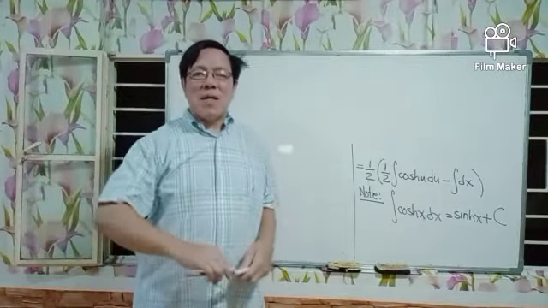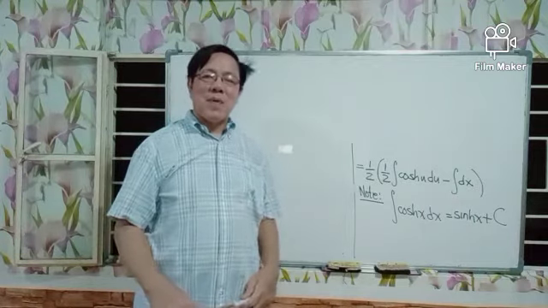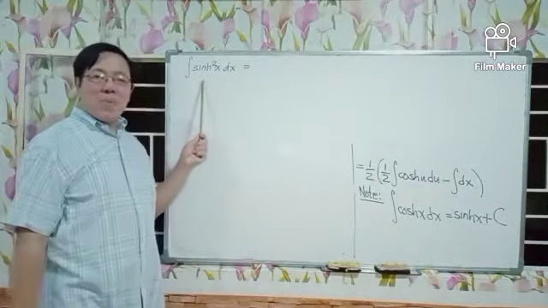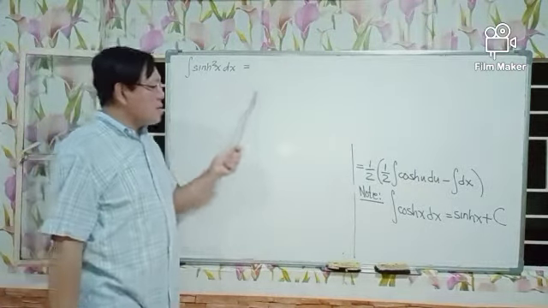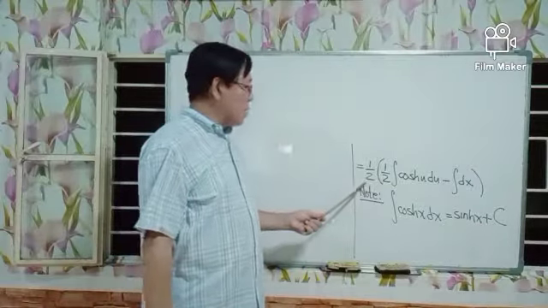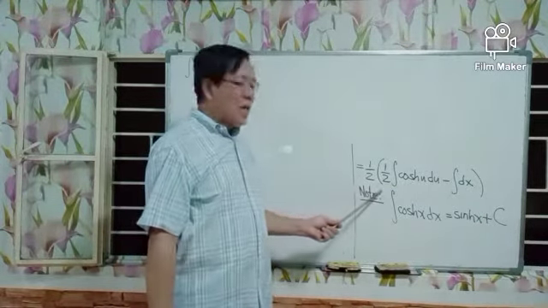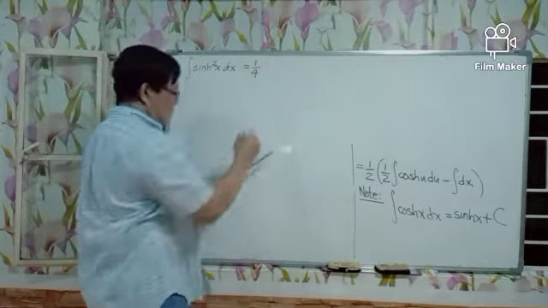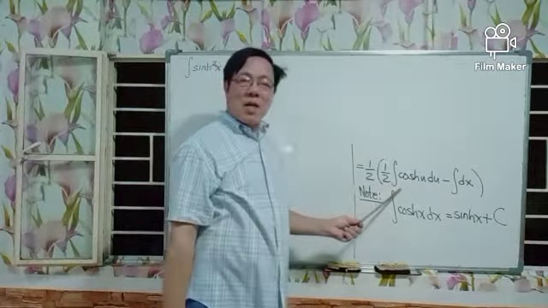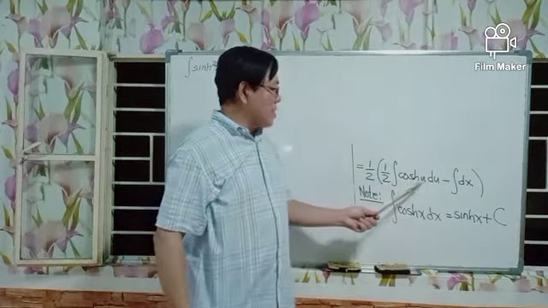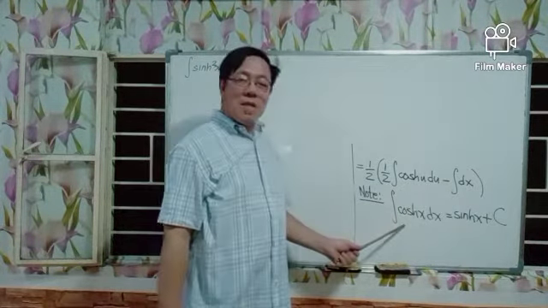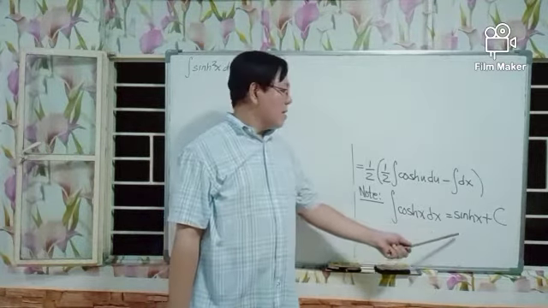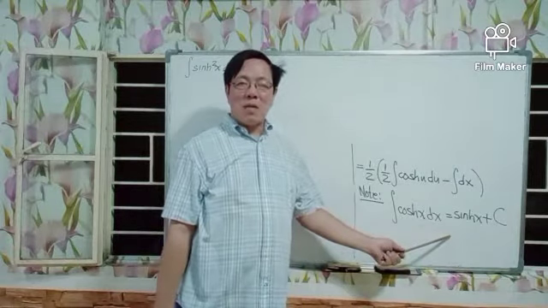We now complete the solution for the integral of the square of hyperbolic sine of x. The integral of the square of hyperbolic sine of x with respect to x is now equal to 1 multiplied by 1/2 multiplied by 1/2 is 1/4. Multiply by the integral of hyperbolic cosine of u with respect to u. We apply this formula for the integral of hyperbolic cosine of x with respect to x is equal to hyperbolic sine of x.